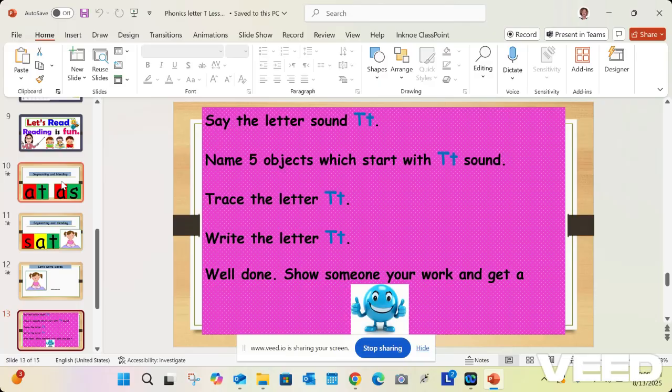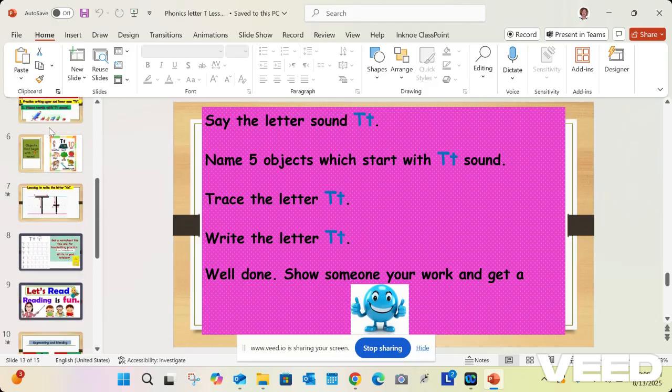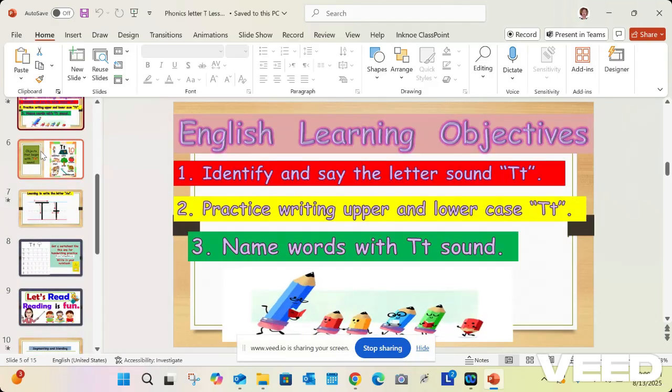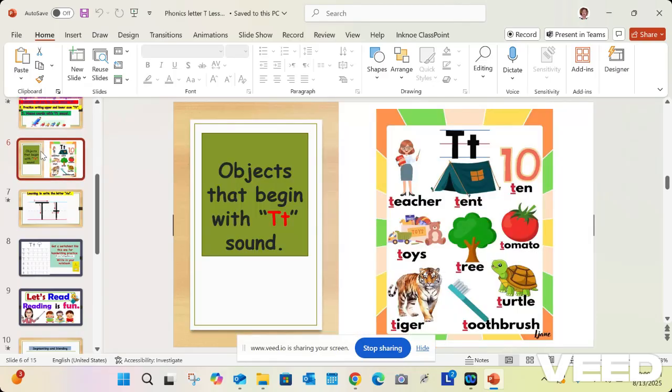Your number four. Very good. And your number five. Well done, well done, well done. Let's see if you cannot remember. We have them here. Okay, so these are the objects, but not all. You can get other objects as well.